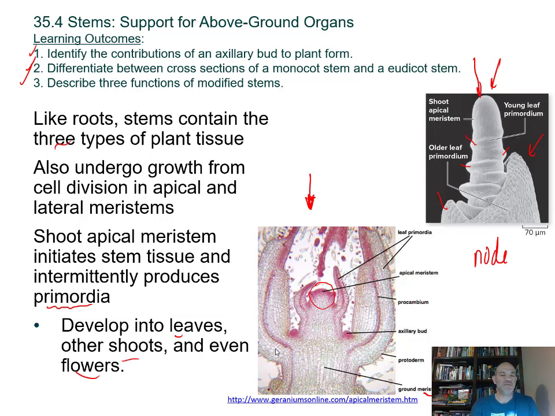So you'll have to be able to recognize some of the basic structures that you would see here. Those leaf primordia, those would be right there. These are very young leaves. And then here's older leaf primordia. Primordium is singular.